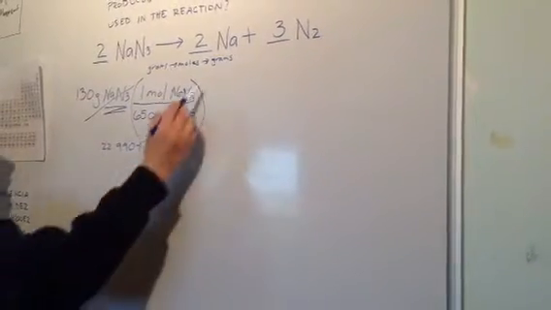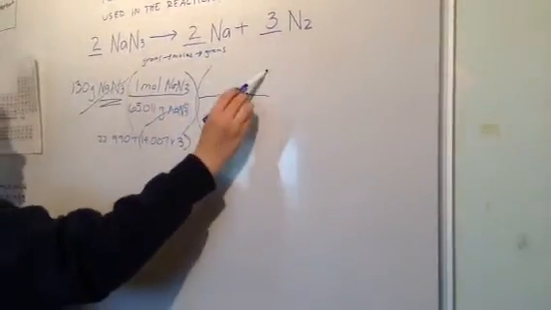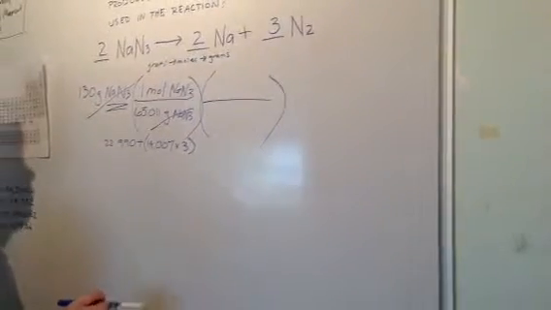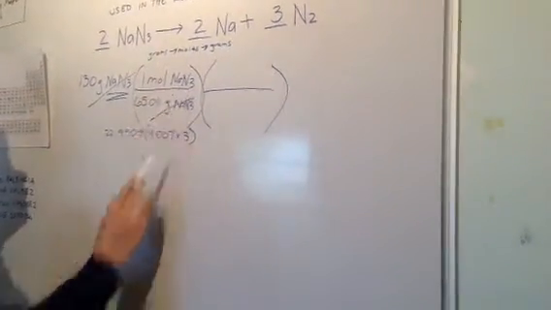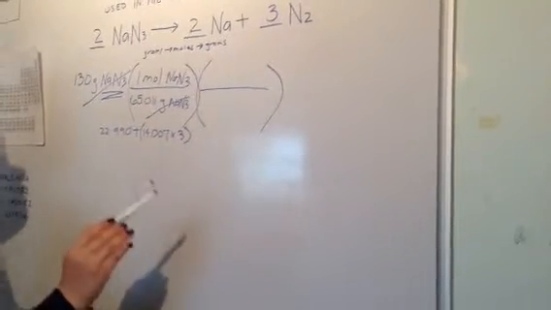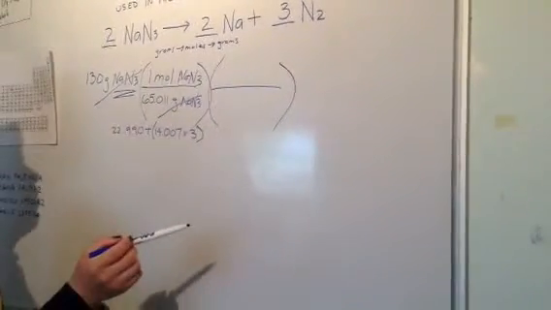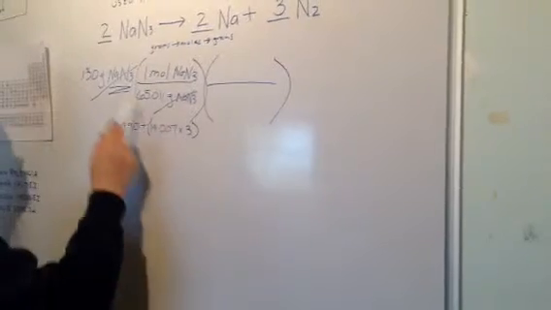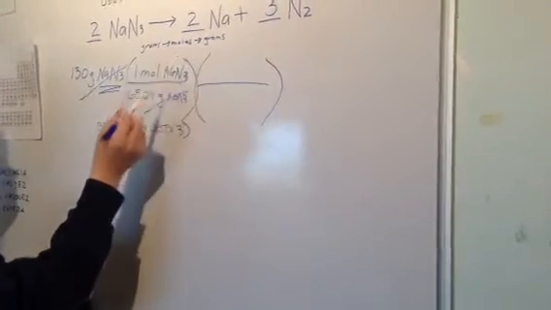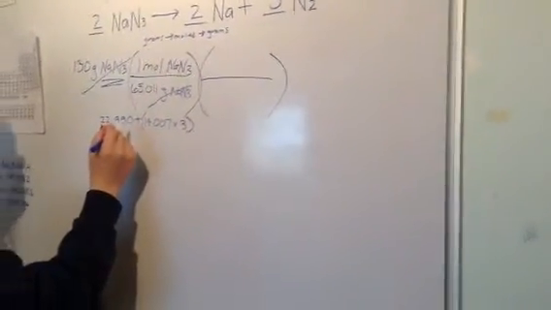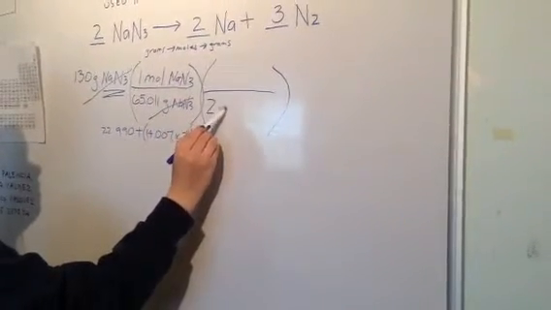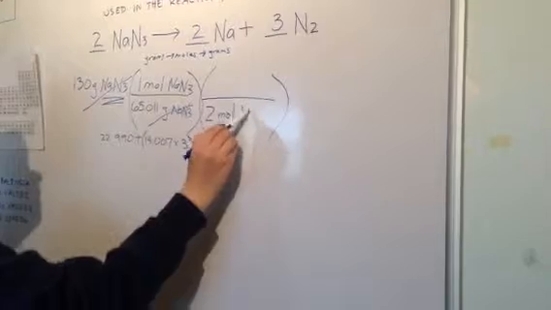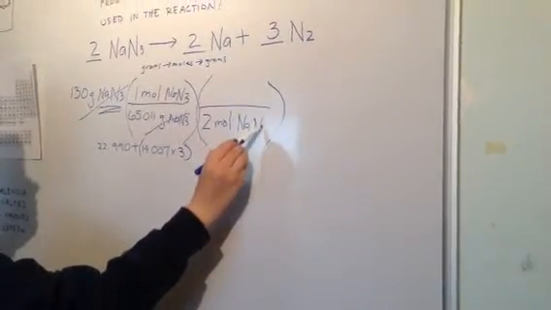Now in the second step, we want to go from moles of NaN3 to the moles of what we want to find, which is nitrogen. So we're going to reference our equation. We're going to write 2 moles of NaN3.